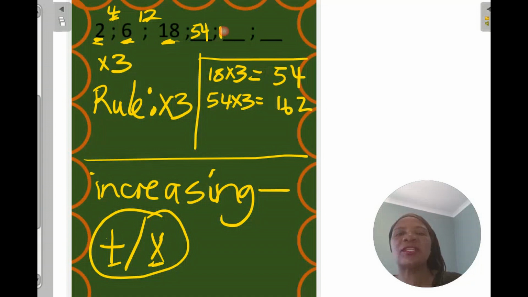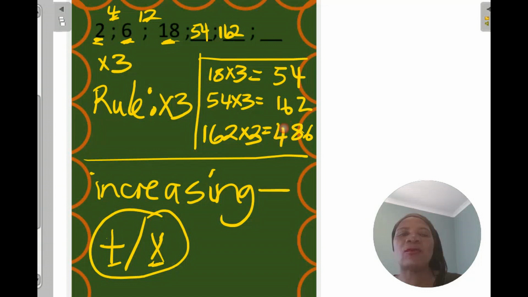So the next one is 162, and our third missing one will be times 3. 3 times 2, 6. 3 times 6, 18. Carry 1. 3 times 1, 3 plus 1, 4. 486. Okay, right?